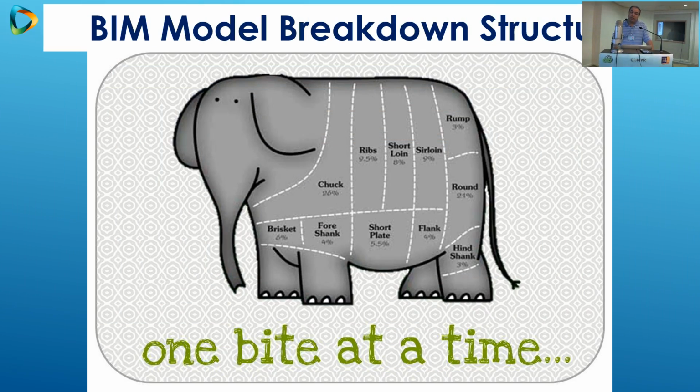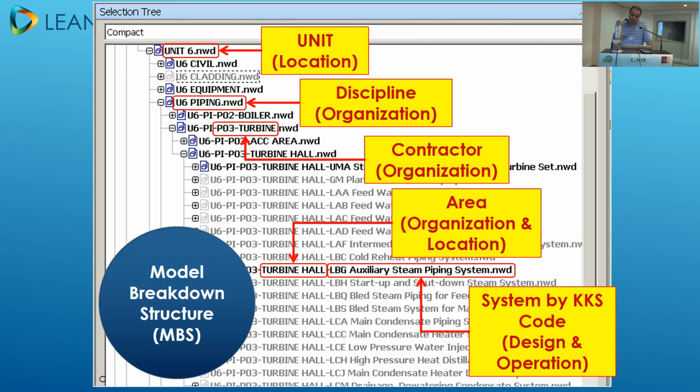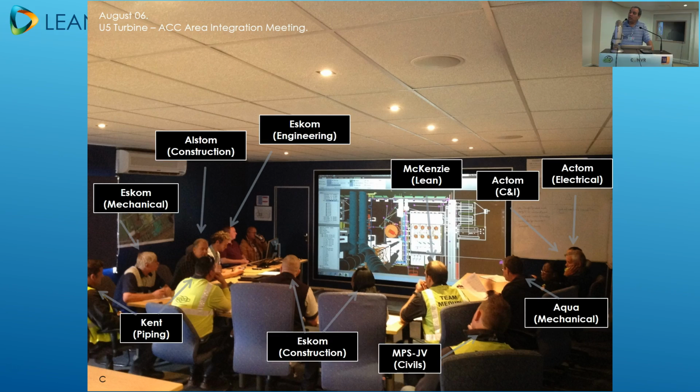But when we introduced the model breakdown structure, things changed. In this case, we broke down the project by unit, discipline, organization, contractor, location, and code. And when we had the model and we could answer in less than 15 seconds to the people's requirements, this is what happened.